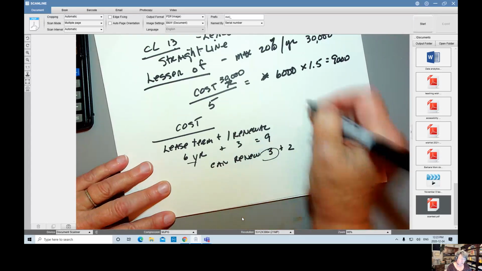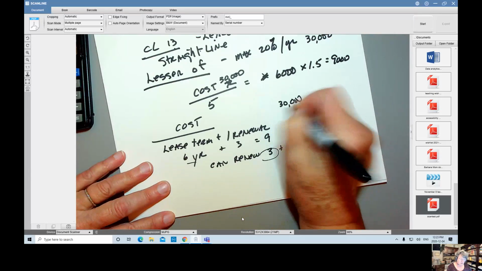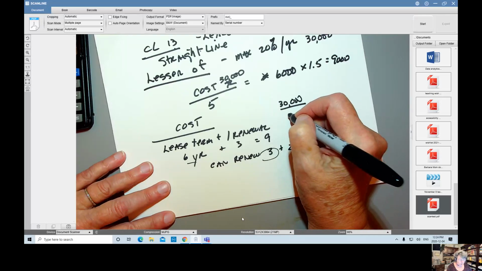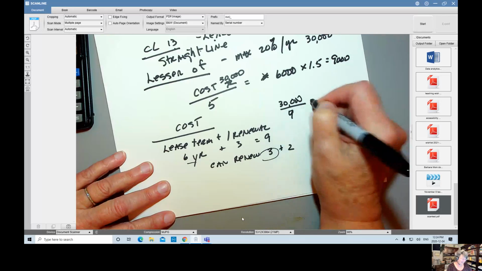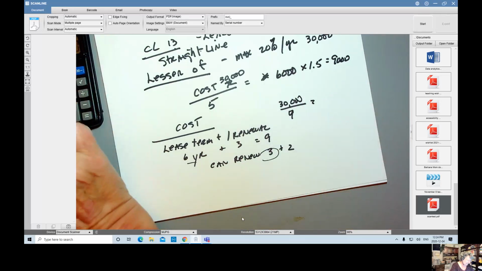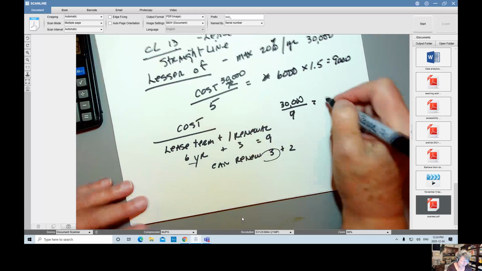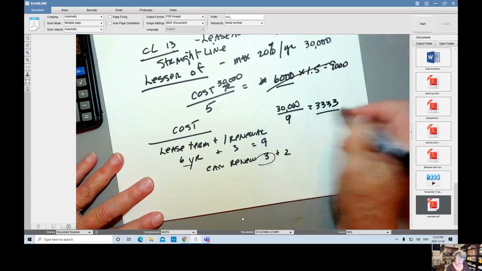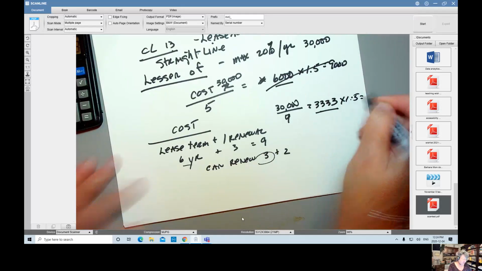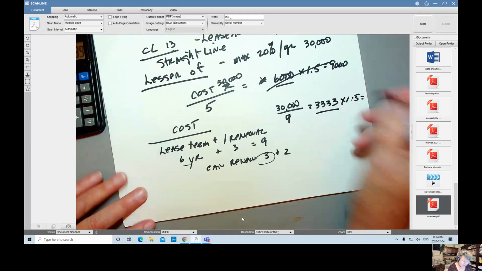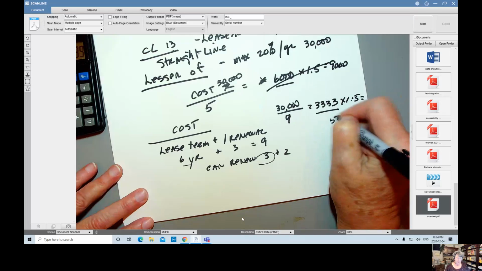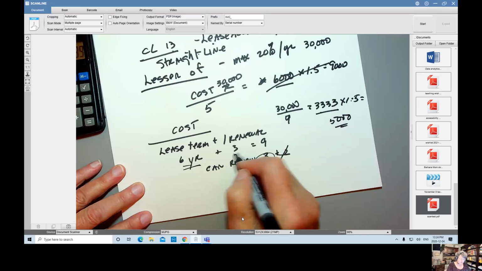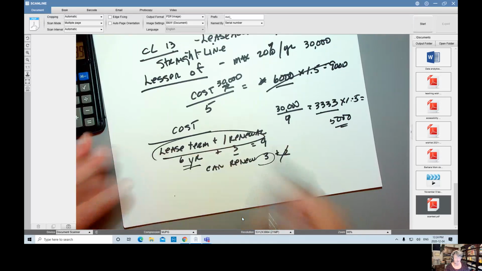So that would be 9 years, and I would take the 30,000 divided by 9. And that would be 3,333. So clearly that is lesser. So I would do the lesser of times 1.5. And that's 5. I would ignore this second one. So it's the lease term plus 1 renewal and the lesser of those two.